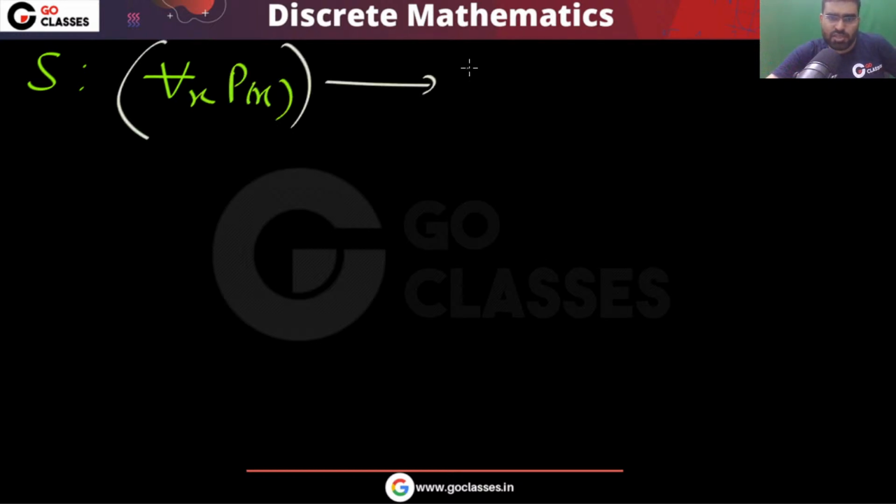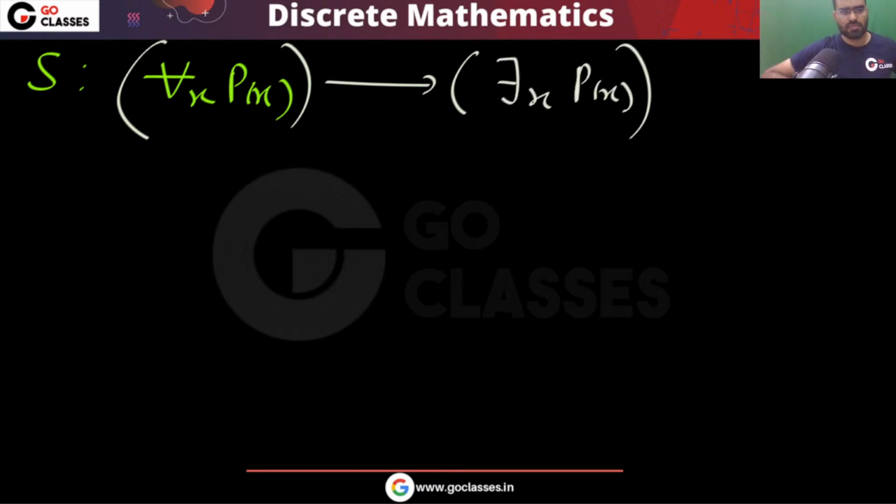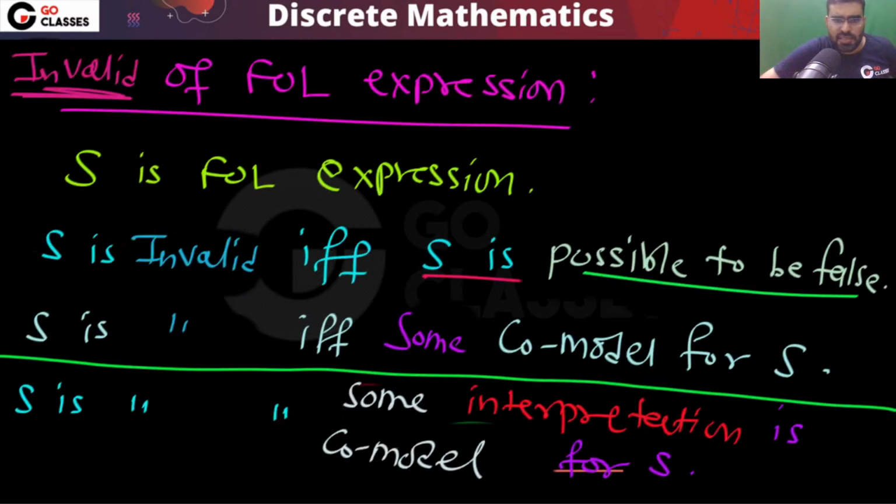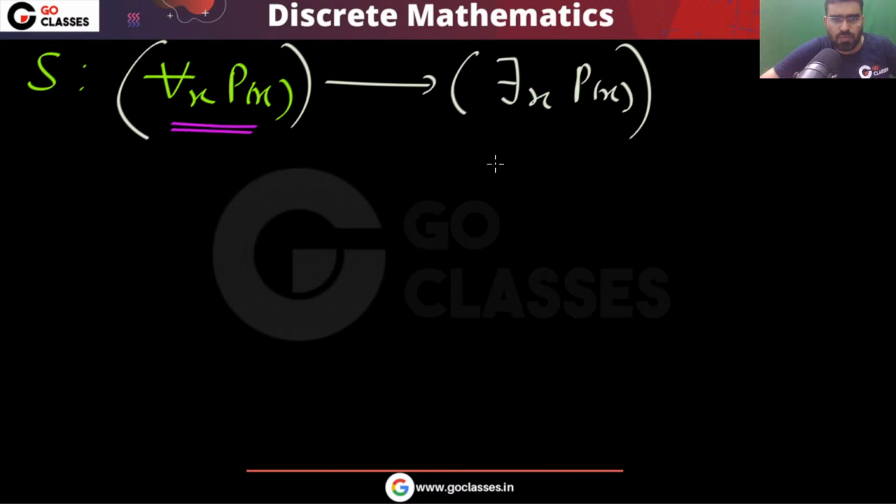Let's take an example. Consider this expression: for all x, P(x). For every x, P(x) is true. Then can I say that for some x, P(x) is true?